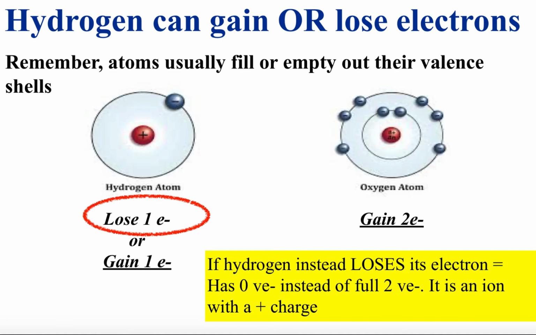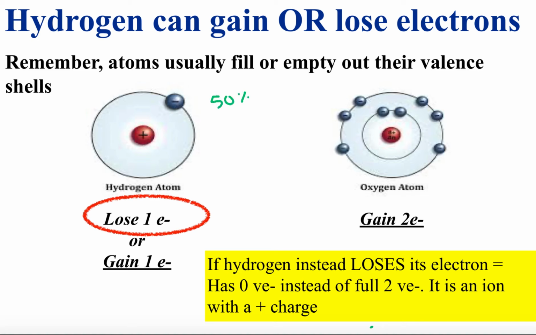Now, there is something a little weird, because hydrogen has 1 electron when it's not bonded with oxygen, in its outermost valence electron shell, out of the 2 it needs, so it's 50% full.